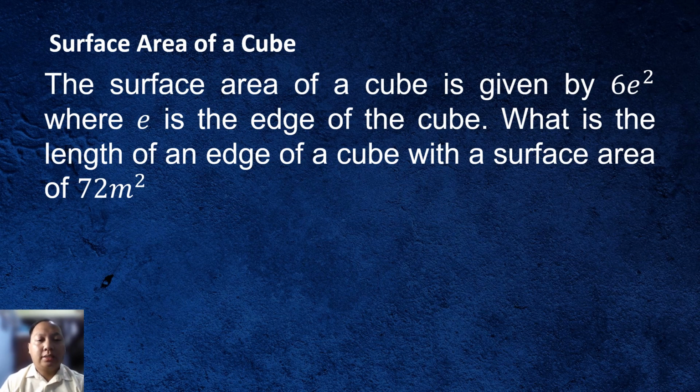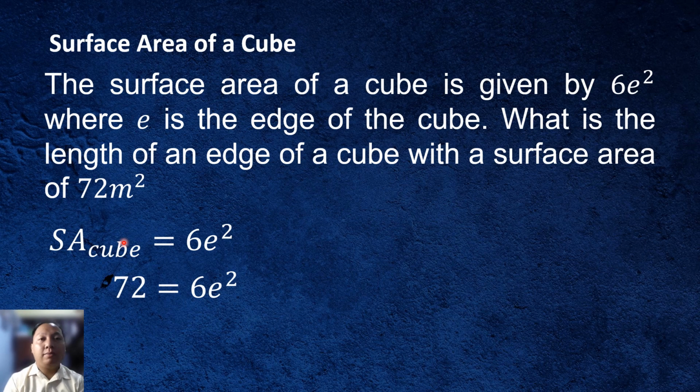So again, the formula is given sa problem na. Hahanapin natin yung e o yung edge of the cube. Isa-substitute natin yung 72 square meters doon sa surface area. So we have 72 equals 6e squared. So let's try na baliktarin natin. 6e squared is equal to 72.